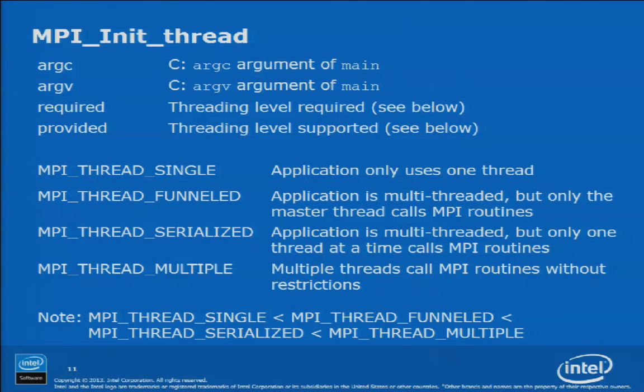And master thread in this case is the one that executed MPI_Init. Then we have thread serialized. That means you can communicate from within parallel regions, but you need to make sure that it's just one thread entering the MPI library. And then we have thread multiple, which is true multi-threading. Any thread can call into MPI anytime in the execution.